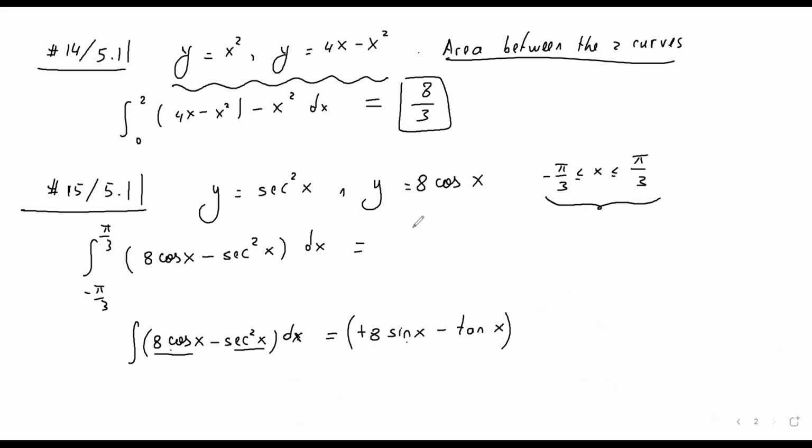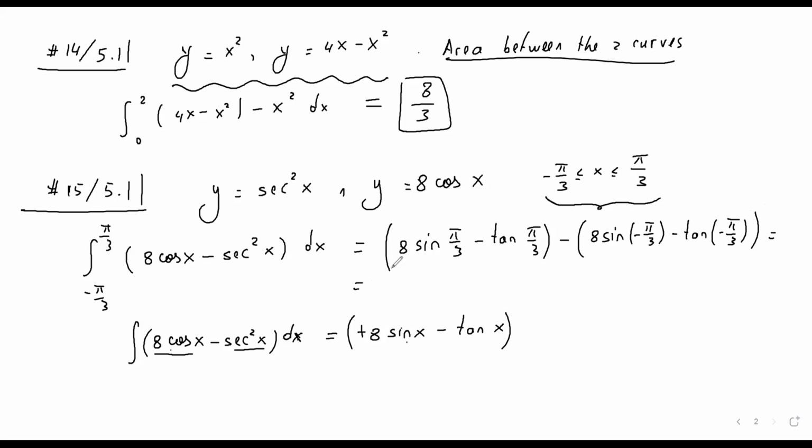And right now we can say, well, let's substitute over here. So this is the function. So 8 sine of pi over 3 minus tangent of pi over 3, minus, and then there's 8 sine of negative pi over 3 minus tangent of negative pi over 3.